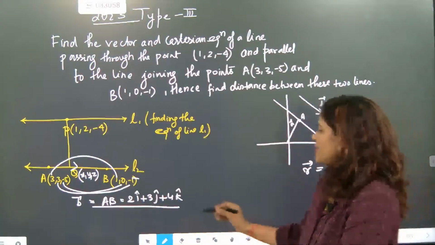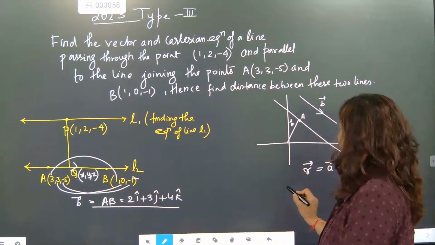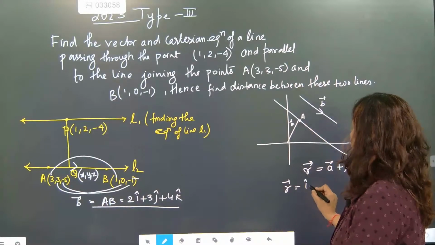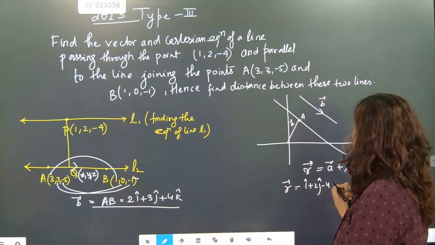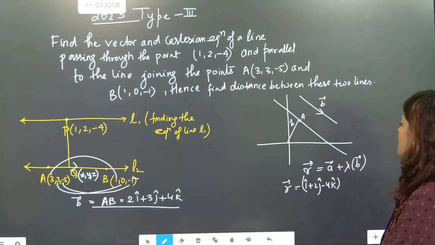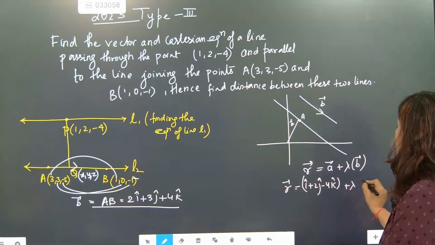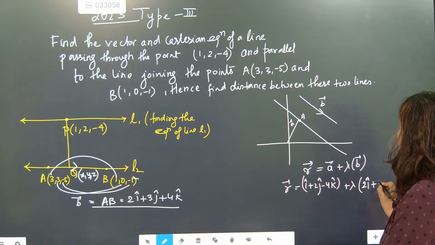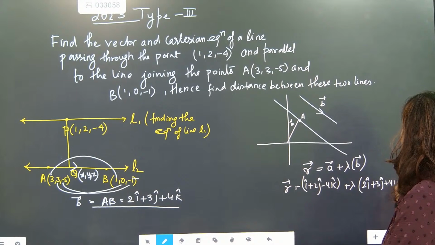So that means what will be the equation, beta, in this case? Super children, you are going very good. A vector will become i plus 2j minus 4k. And then what part is coming? Plus lambda. B vector is coming as 2i plus 3j plus 4k.